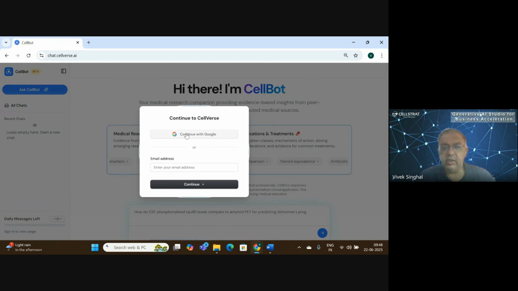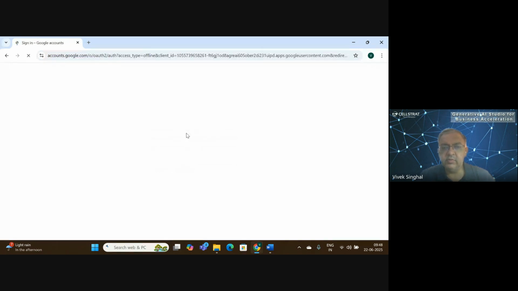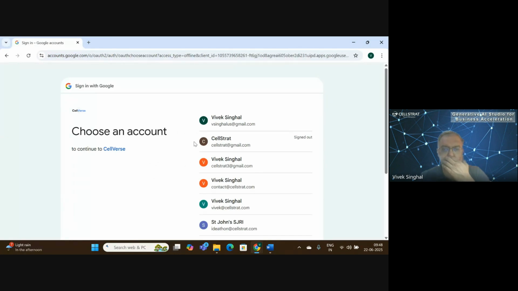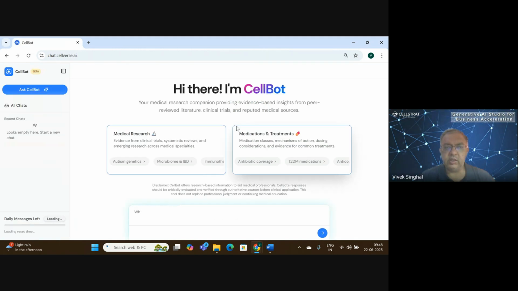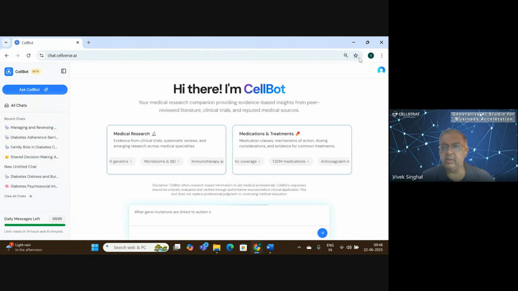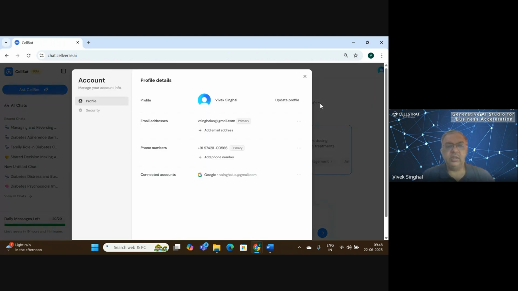So let me continue with my Google sign-on. It will ask me to get access to my Google account. I'm now signed in, as you can see here, as my primary Gmail account. I can choose to manage my account, for example, changing password or email, phone number, etc. The phone number is optional, but email is mandatory.